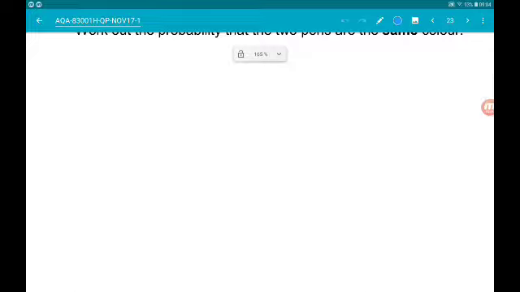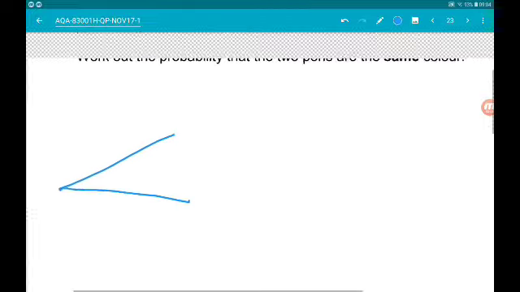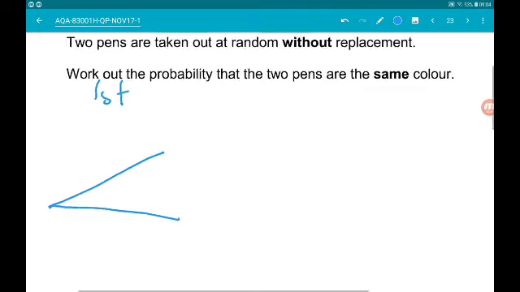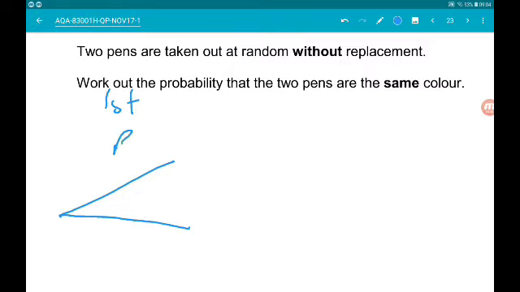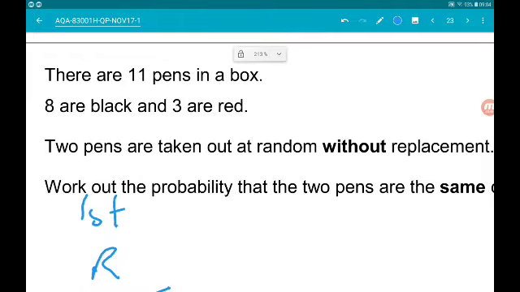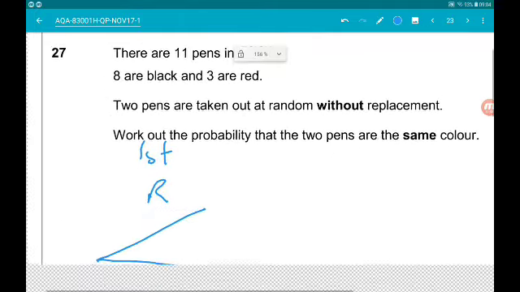So, on the first selection, if we have red and black, we know that there are 8 black and 3 red.